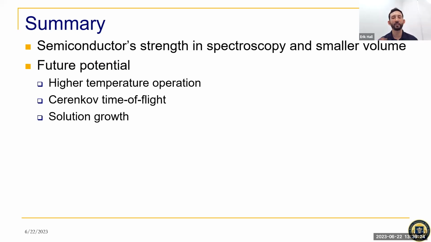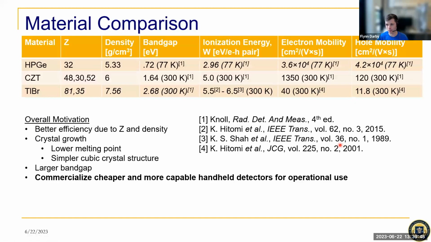No, if I implied that thallium bromide was the best, that was my mistake. I was trying to say that germanium is definitely the best in that respect, but thallium bromide is still usable, as long as you know what those characteristics are. Fair enough. Thanks, Eric.